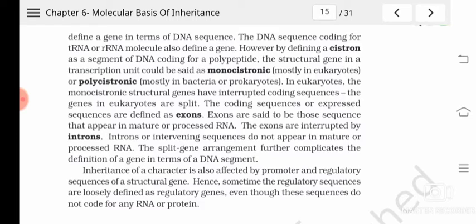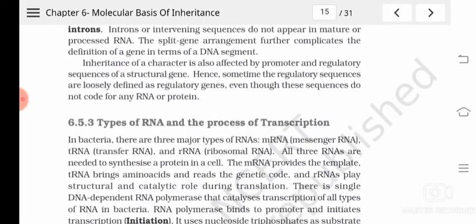The monocistronic DNA of eukaryotes also has exons and introns. Exons are the coding sequences, and introns are the non-coding sequences. So this much is very clear to everyone.